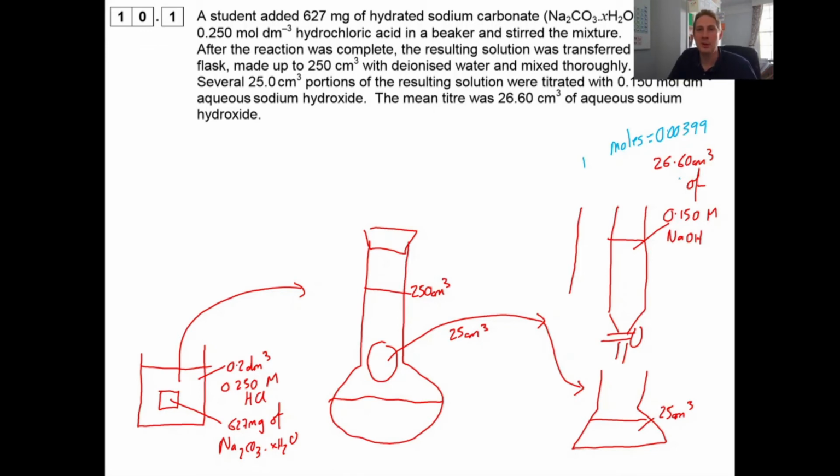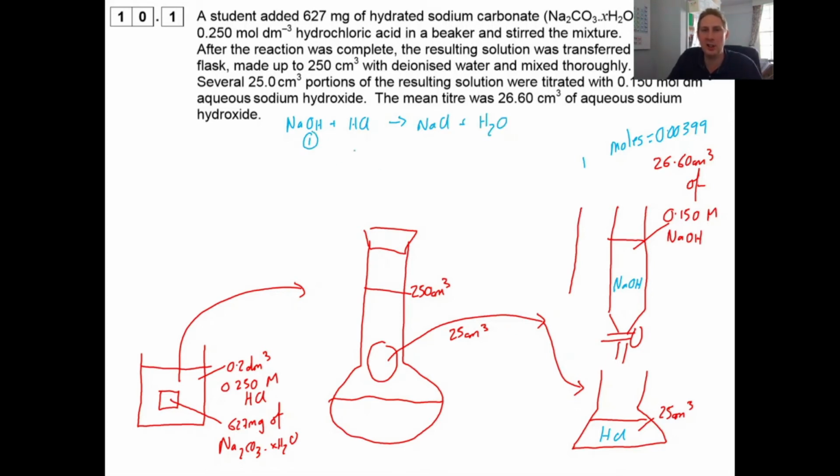Okay, now, we know what we're doing here is we've got the sodium hydroxide in this, and this is leftover hydrochloric acid. And we know sodium hydroxide to hydrochloric acid is a 1-to-1 ratio. So NaOH plus HCl going to NaCl plus H2O is a 1-to-1 ratio.